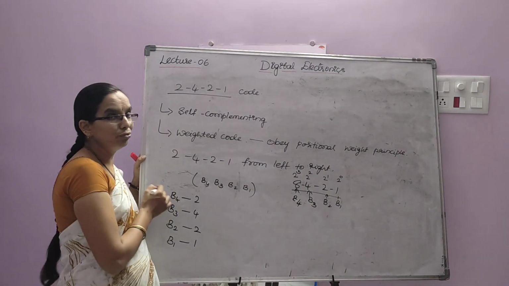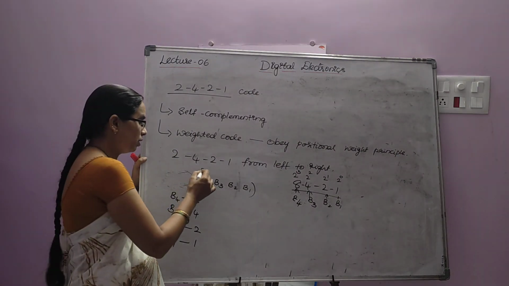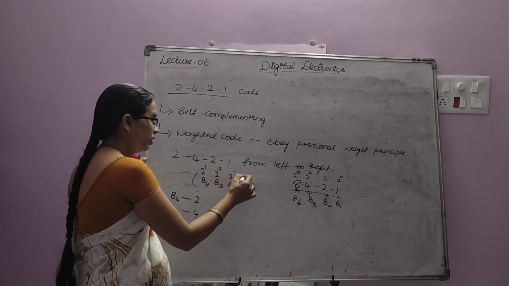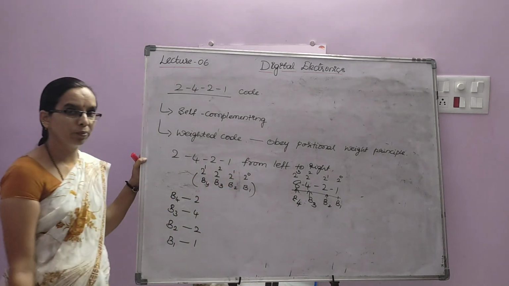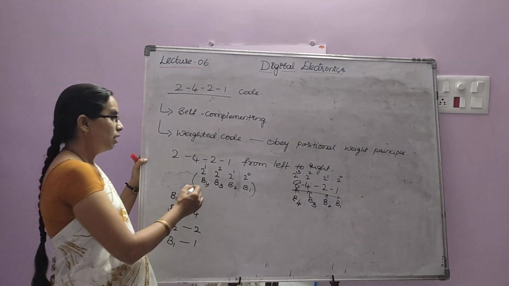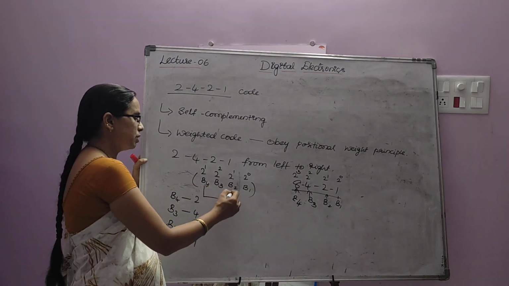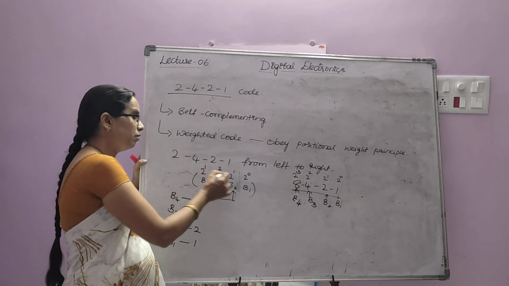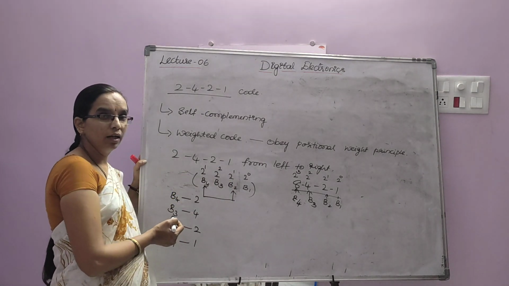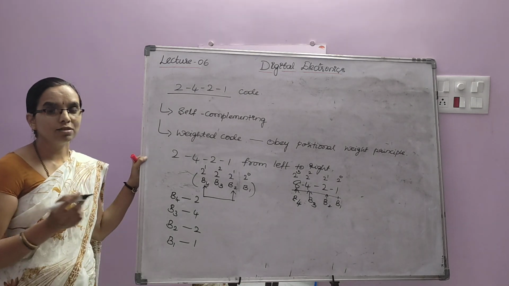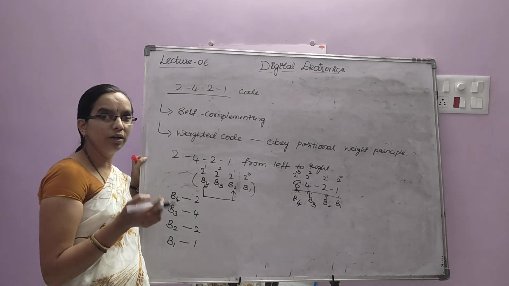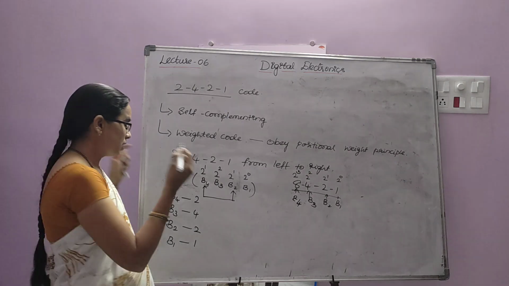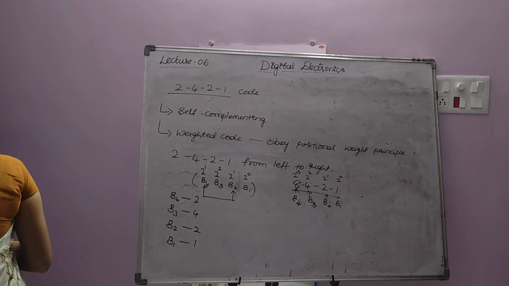Whereas in 2421 code, it will be 2 power 1, 2 power 2, 2 power 1 and 2 power 0. Because the 2 bits B4 and B2 are assigned the same weight, there may be chances of writing the code word in 2 ways. I will write the table and let you know.